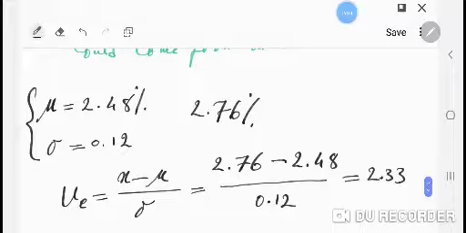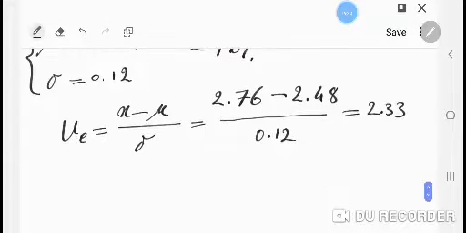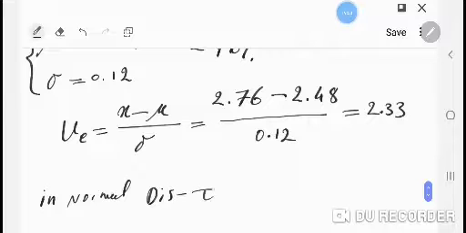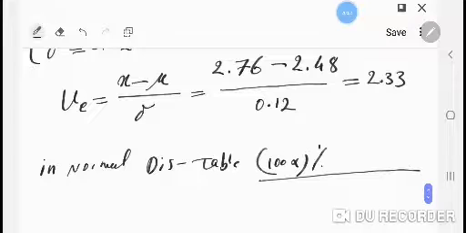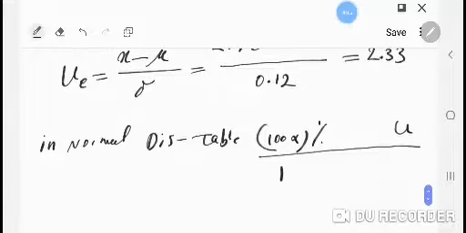From a normal distribution table, we have this number with probability of 90%.